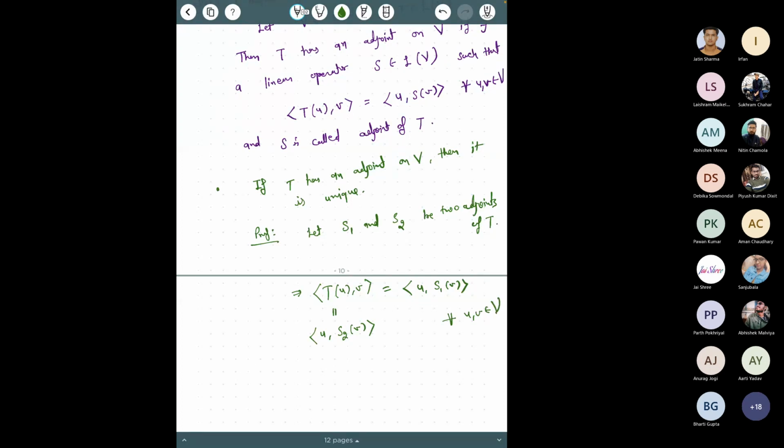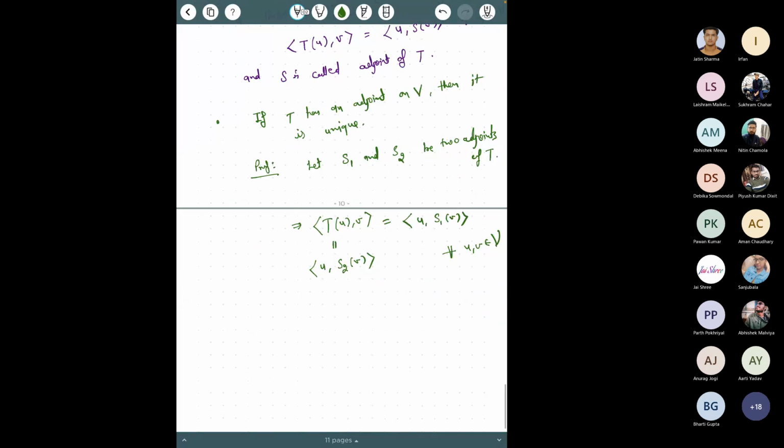Now from here, what we are trying to show is that S1 is equal to S2. This is what we are trying to show, right?